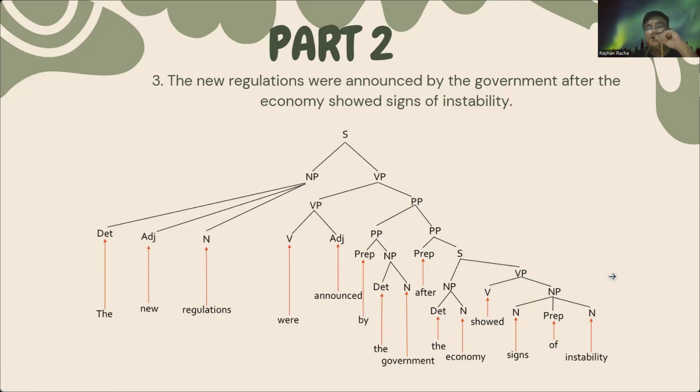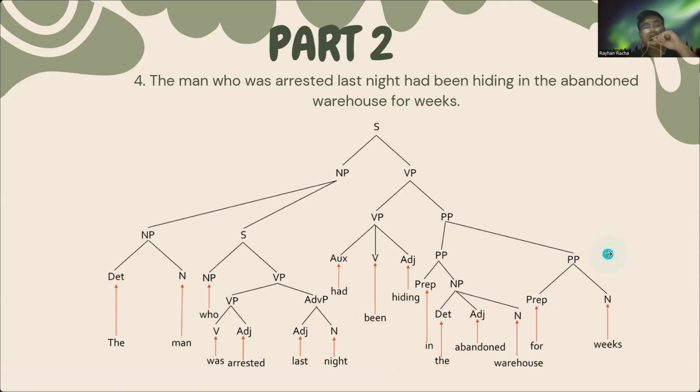So we are moving into the next one. The first one is the man who was arrested last night has been hiding in the abandoned warehouse for weeks. So same as usual, we divided the sentence into a noun phrase and a verb phrase.